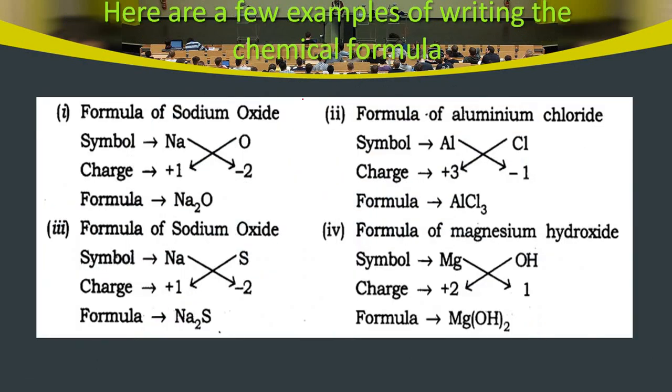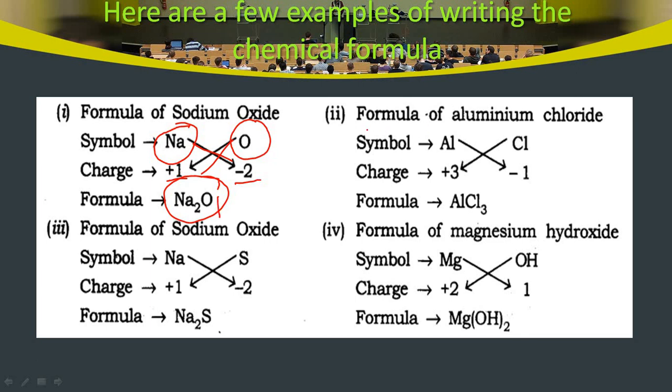See, this is sodium oxide. We know that the symbol of sodium is Na and of oxide is O. We know that the sodium charge is +1 and oxygen charge is -2, and crisscross like this, oppositely. So you will get the formula Na2O. If there is nothing written, it means 1; one is not written. Keep in mind.